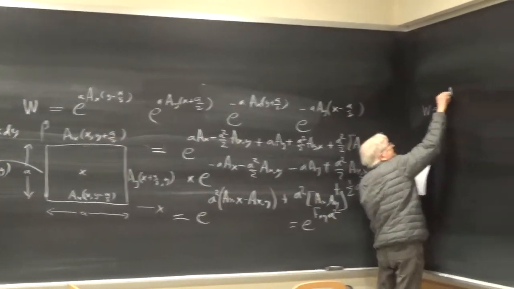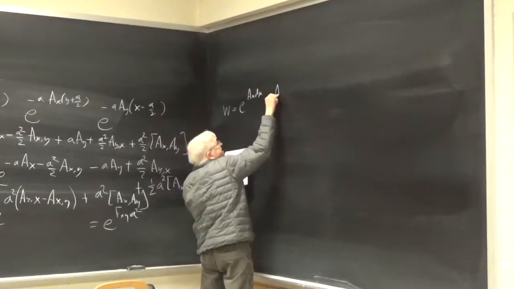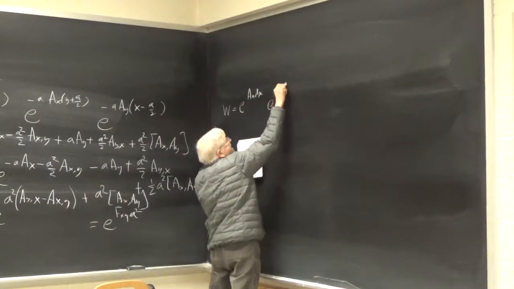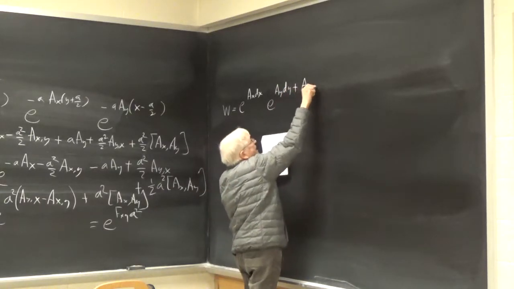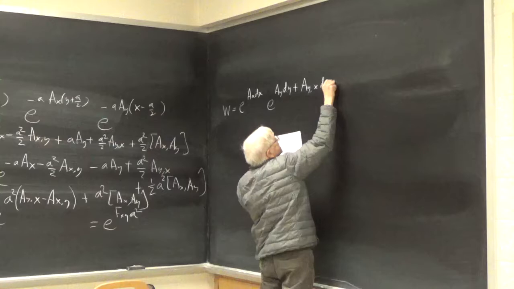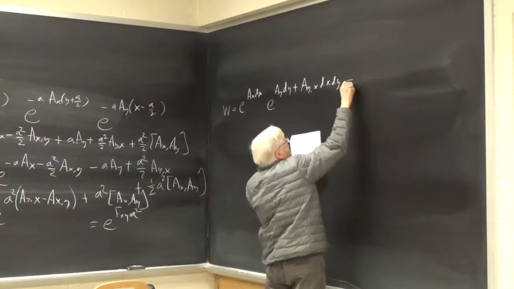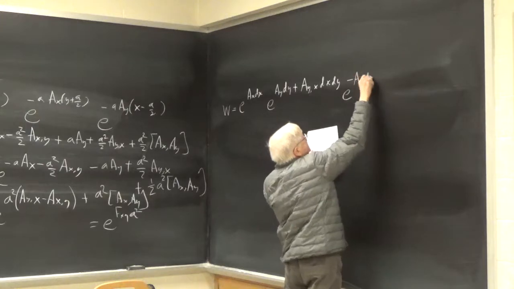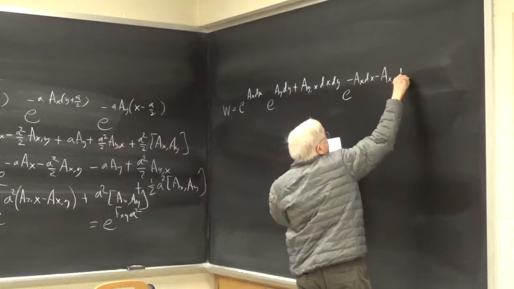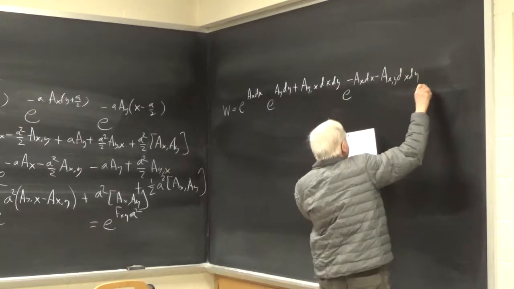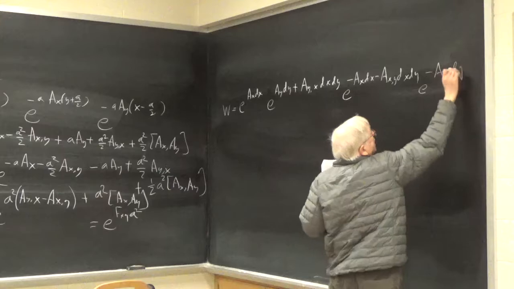It would be e to the A_x dx, e to the A_y dy plus A_y comma A_x dx dy, e to the minus A_x dx minus A_x comma A_y dx dy, e to the minus A_y dy.